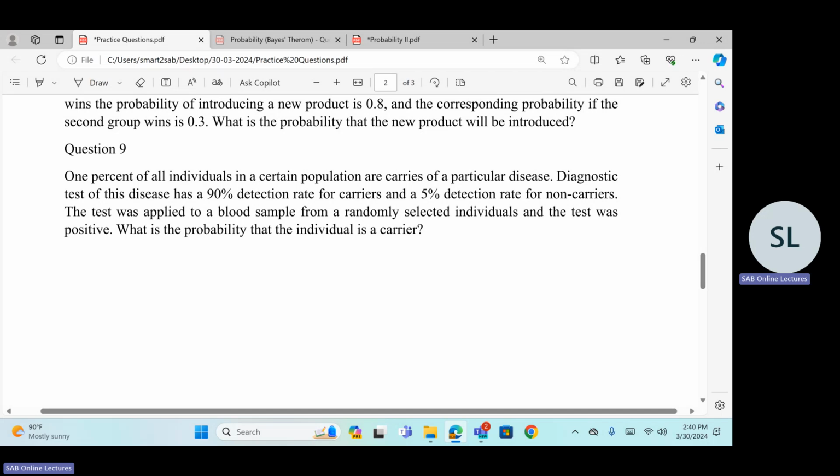Which theory can we apply? The test was applied to a blood sample from randomly selected individuals and the test was positive. Test was positive means it detected that the person is a carrier. Then there are two chances in here, this one and this one. The question asks, what is the probability that the individual was a carrier? Then only this one. So this is a revised probability, and we can use the Bayes theorem.